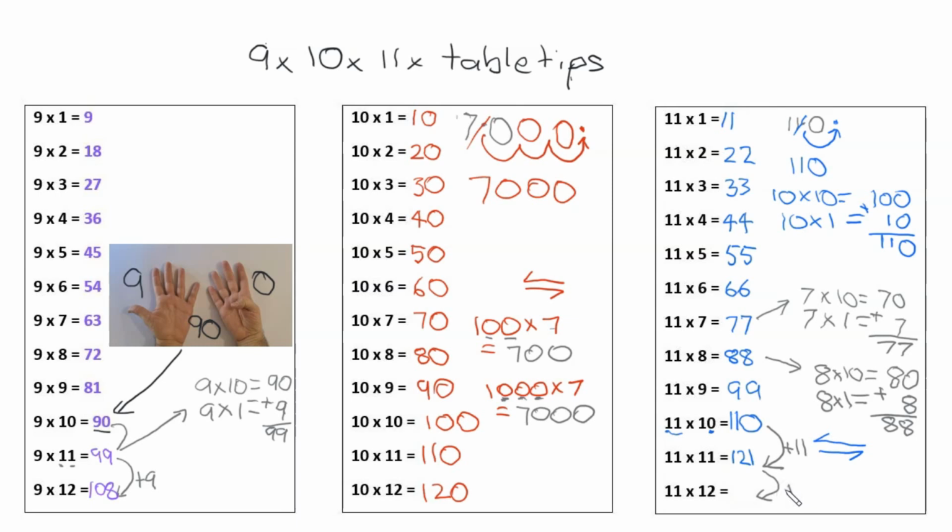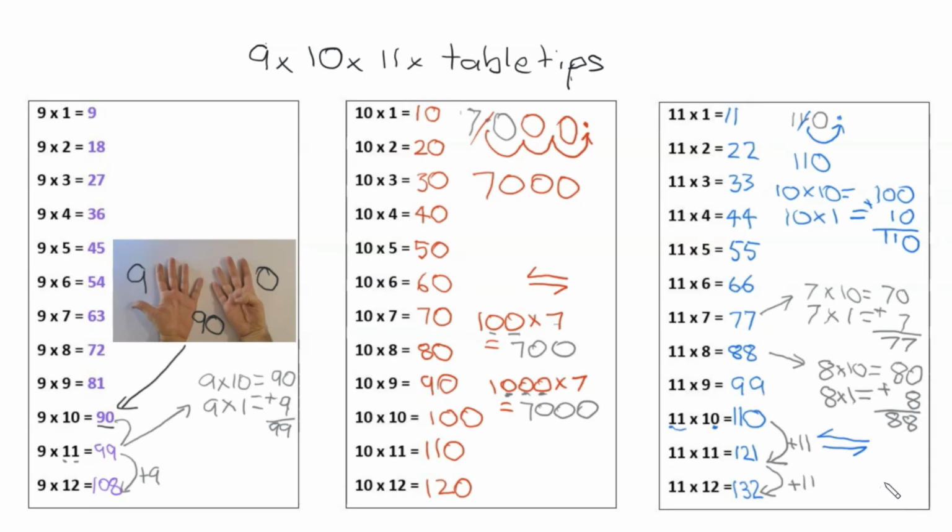You add another group of 11, because now there are 12 11s. So 121, which you've just worked out in your last step, plus another 11 will give you 132. And I hope that added a few more tricks to your times tables.